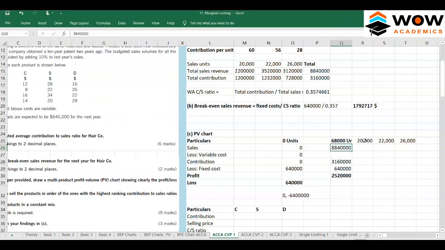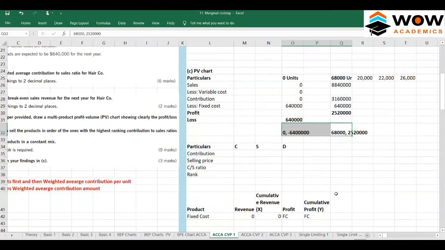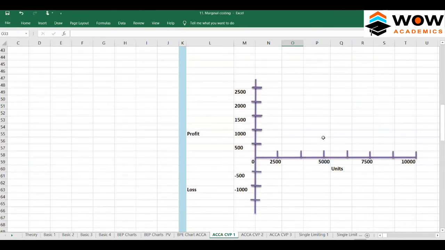Okay, so for 68,000 we can put it like this: 68,000 units, comma 2520. Okay, this is the number. So these are the coordinates that we want, and we can draw a line. So what we have done is we have removed 3 zeros. Okay, we are doing it in thousands.